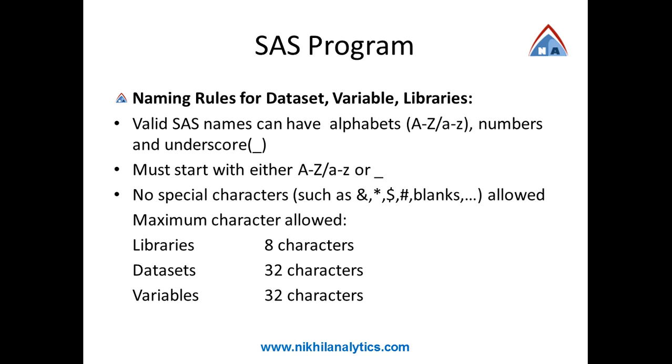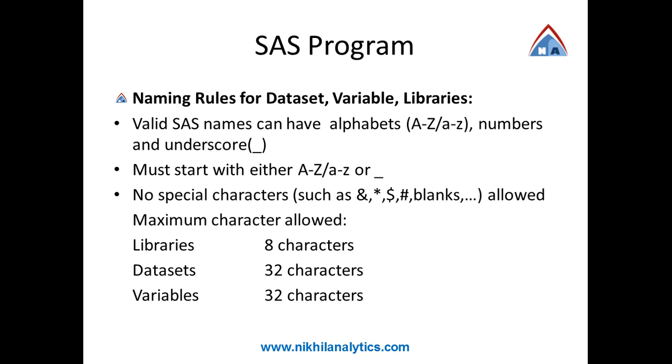Now, before going to the actual programs, there are certain rules that we have to follow. The first rule is the naming rule for data sets, variables and libraries. A data set is nothing but a table, and variables are nothing but column names. Libraries I will explain after one or two slides.